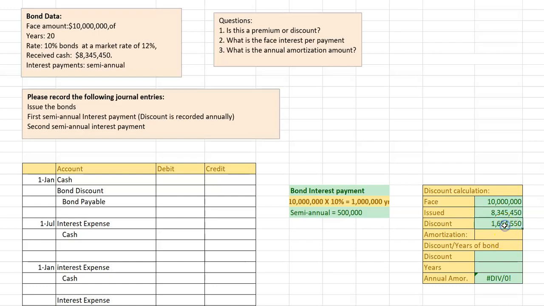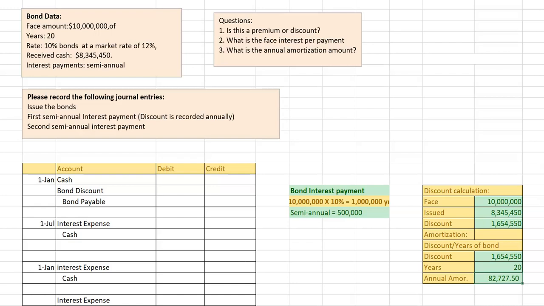That means I have a discount of 1,654,550. With my years at 20, I come up with an annual amortization of 82,727.